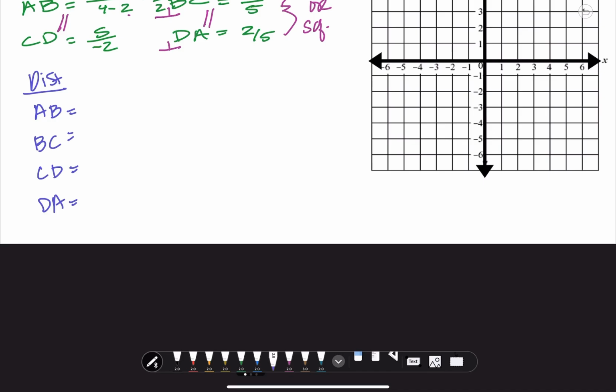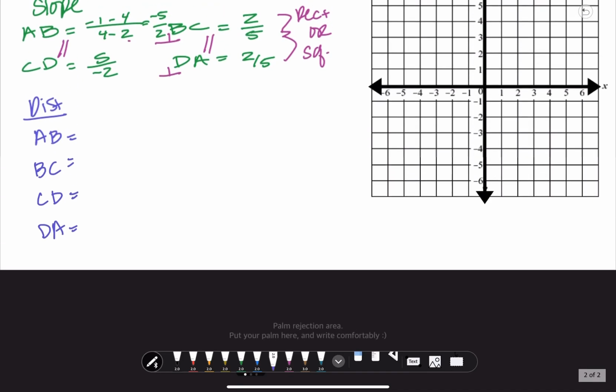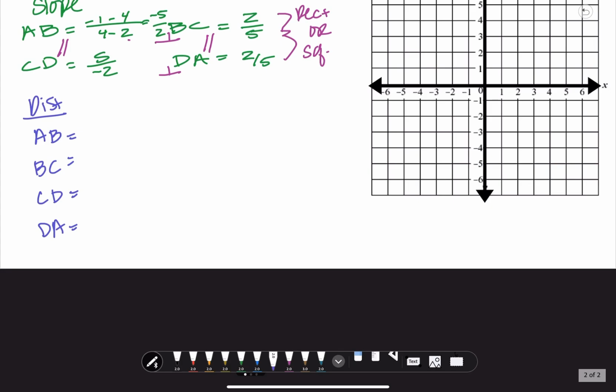All right, so thank you if you've paused the video. I do want to make sure that you show your work. So I am going to show the work for AB. The rest of them, I'm just going to have you check them. I did x2 minus x1 squared plus y2 minus y1 squared. 4 minus 2 is 2. And negative 1 minus 4, that gets you negative 5.